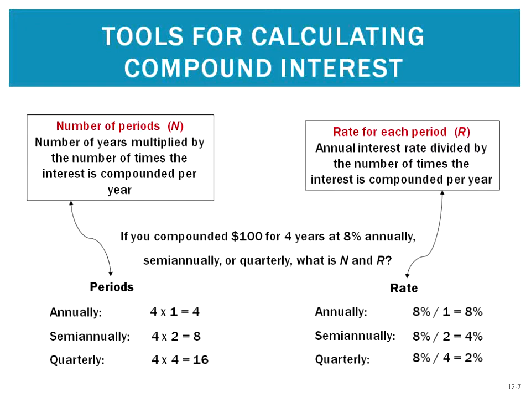So if it was annually, how many periods do we have in 4 years? Annually, 4 years is 4 periods. Okay, that's the easiest. But if it's compounded semi-annually for 4 years, it's 8 periods, because there are 2 periods for 1 year, 4 periods for 2 years, 6 periods for 3 years, and 8 periods for 4 years.